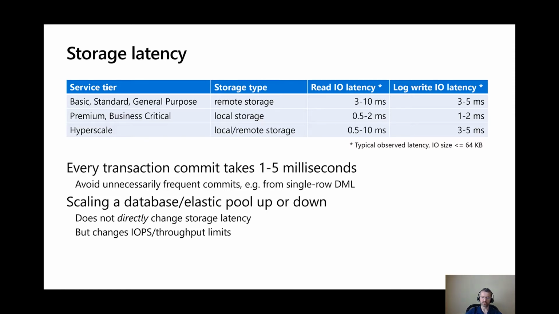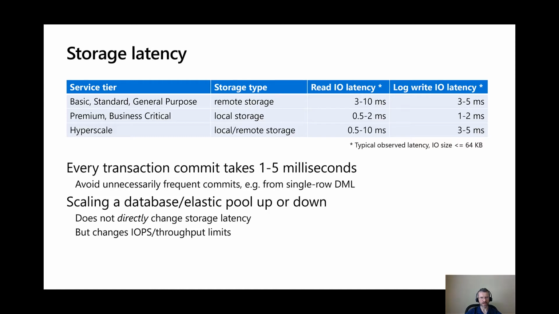So what happens, the way resource governance works, if you approach resource limits, let's say you have a 1000 IOPS resource limit, and you are at, let's say, 950, the resource governance in the database will start slowing down your IOs, so that they still complete, but they complete slower. So the latency of each IO becomes higher.